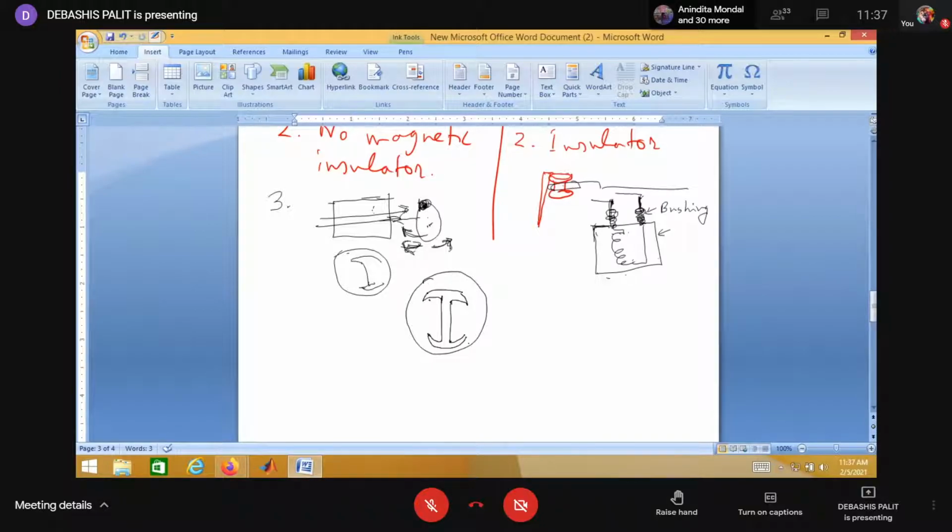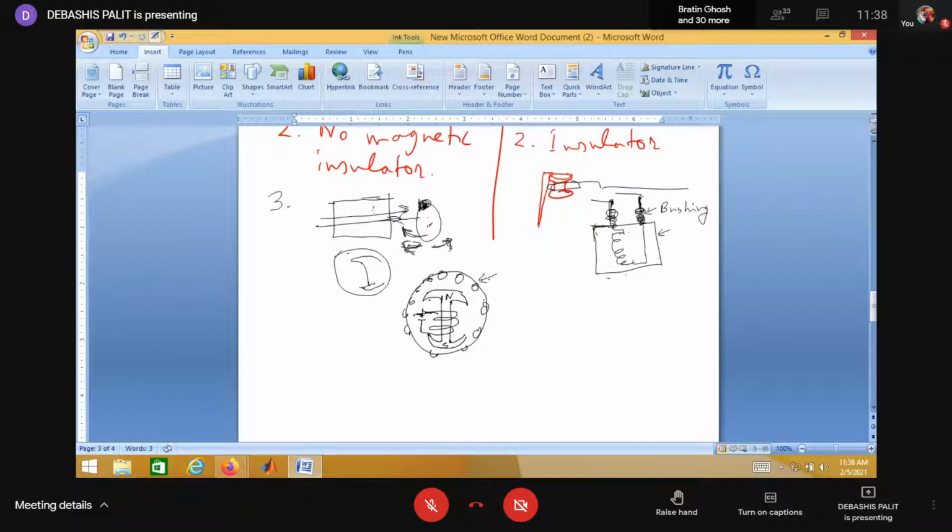So it is one kind of motor. There is a winding, and inside there is another winding. Current is driving the winding, and there is N pole generation and S pole generation.